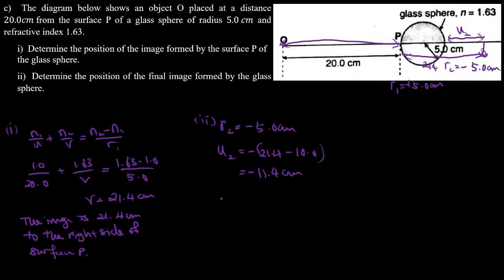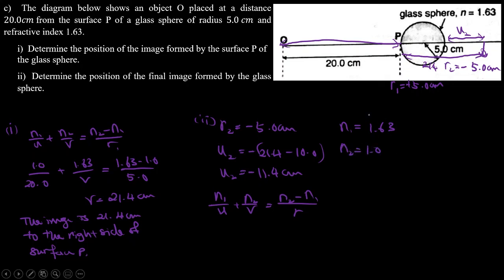Okay, so now you have your n1. For this substitution, we use this equation. Your n1 for now is not 1.0, it's 1.63. Why? Because the light is refracted from the glass to the surroundings. So n1 now is 1.63, while n2 now is 1.0. It's different from your first refraction, because for your first refraction, it's refracted from air to the glass.